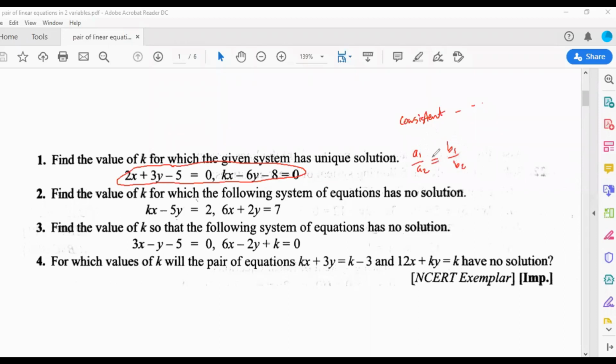If they are not equal, then the equations will be consistent. Then we want to check C1/C2, and if C1/C2 is not equal, then we can say inconsistent. Otherwise, we say dependent. So here you want to check C1/C2.